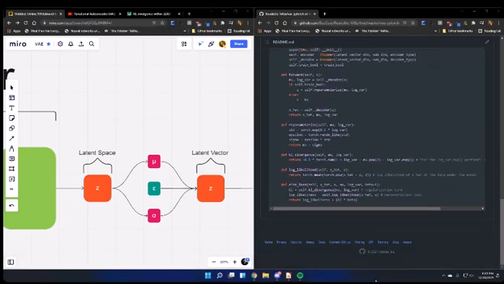So as I described earlier, this is then put into our ELBO loss. And like I said earlier as well, the ELBO loss is comprised of the log likelihood and the KL divergence.